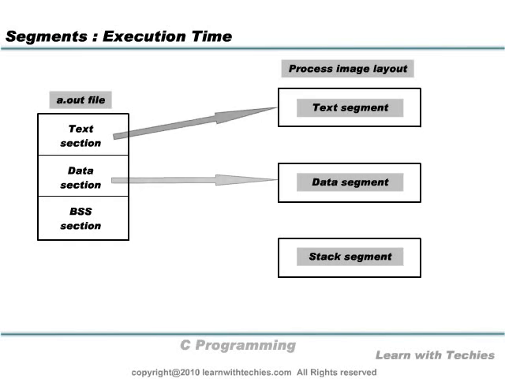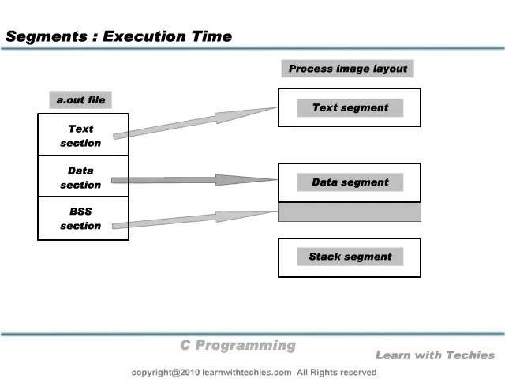Then the process loader reads the BSS section and extends the data segment area by the value given in the BSS section, and initializes the extended area with 0. This extended space is used by uninitialized static storage class variables. This way, both the initialized and uninitialized variables with static storage class are allocated memory in the data segment.